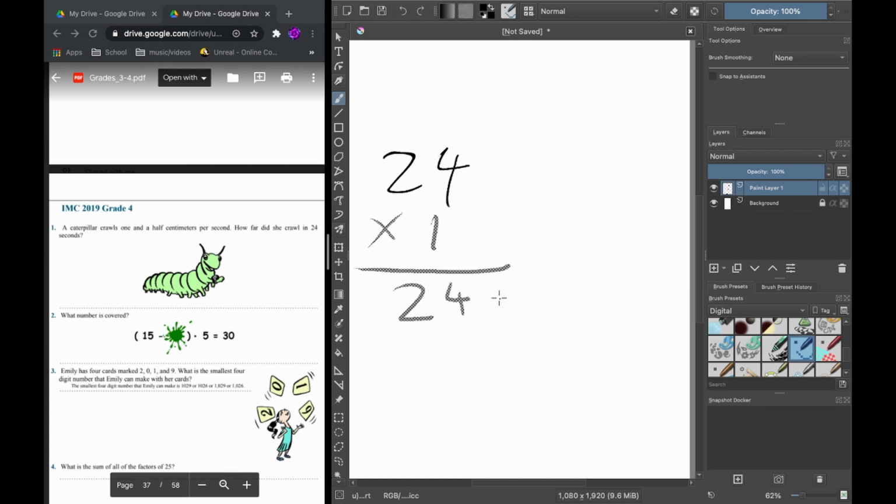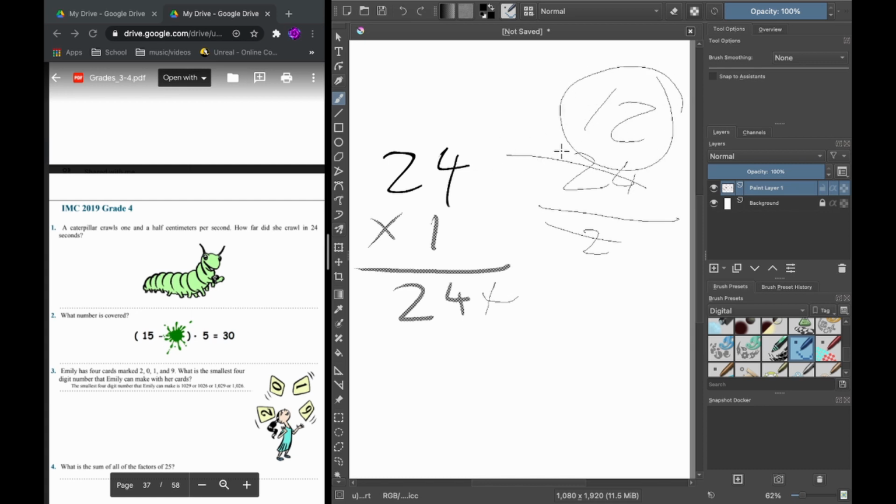And now we would add 24 times 0.5. And 24 times 0.5 is basically like 24 divided by 2. When we do this, we would get 12.